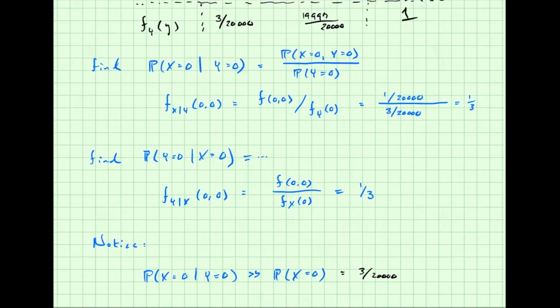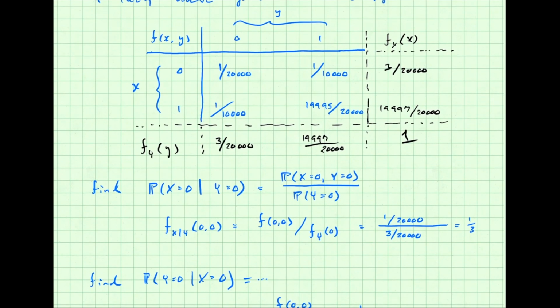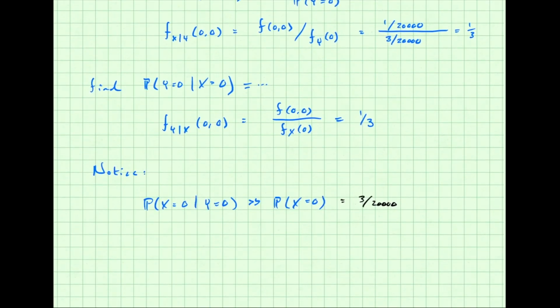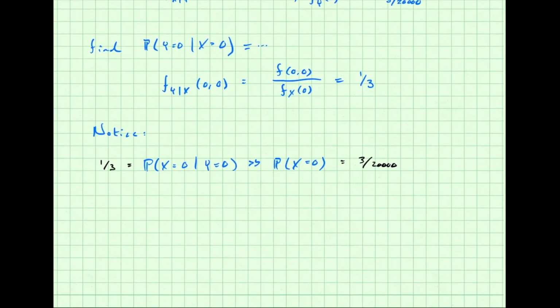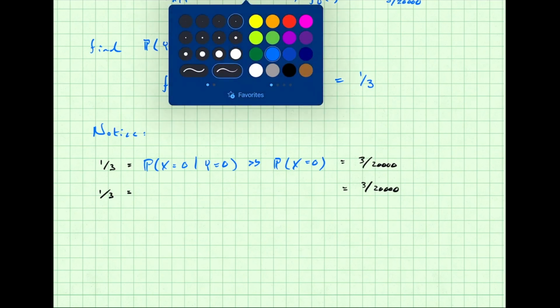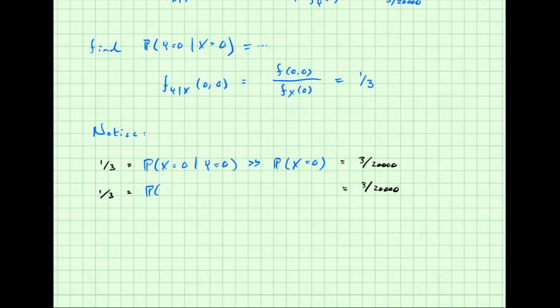But the probability that x is 0 given y is 0, that's not in the table, but we just worked it out. That's a third. So it's much, much bigger, right? And the same is true when you switch them. So I'll put those in there as well, because of the symmetry here.